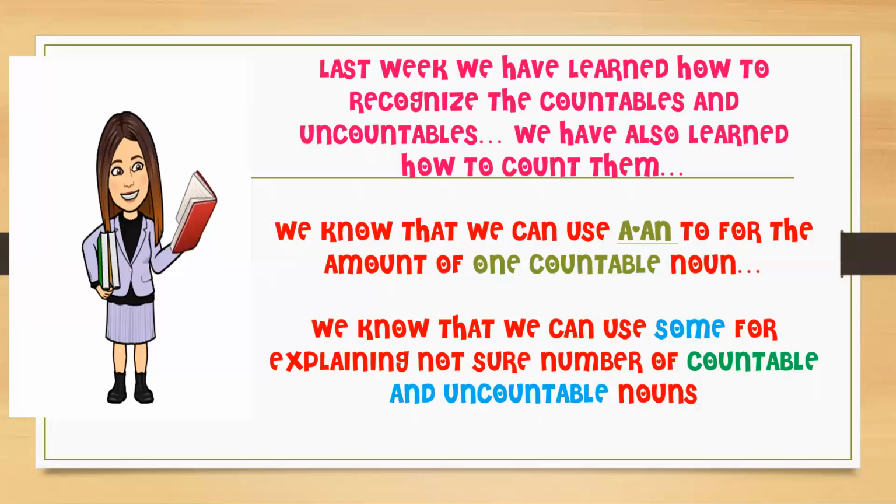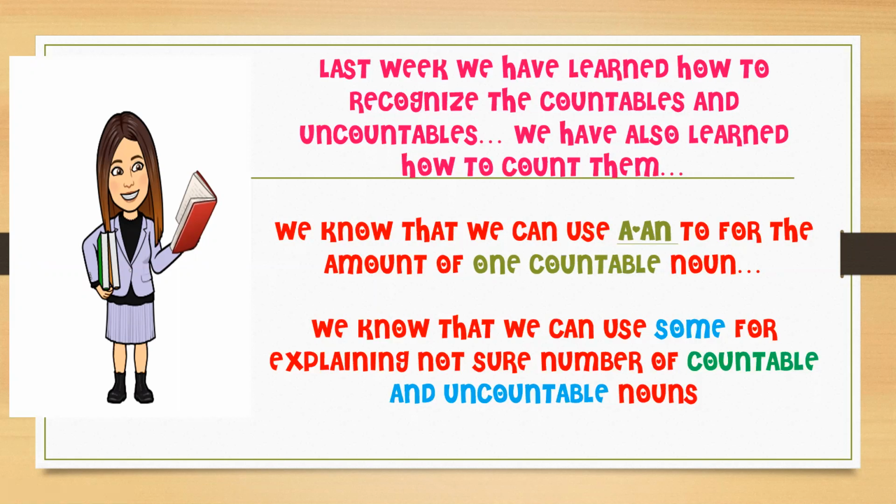You have a countable noun when you want to express amount of one. Example of a countable: apple, an apple. Example of countable again: potato, a potato. Bir elma, bir patates.